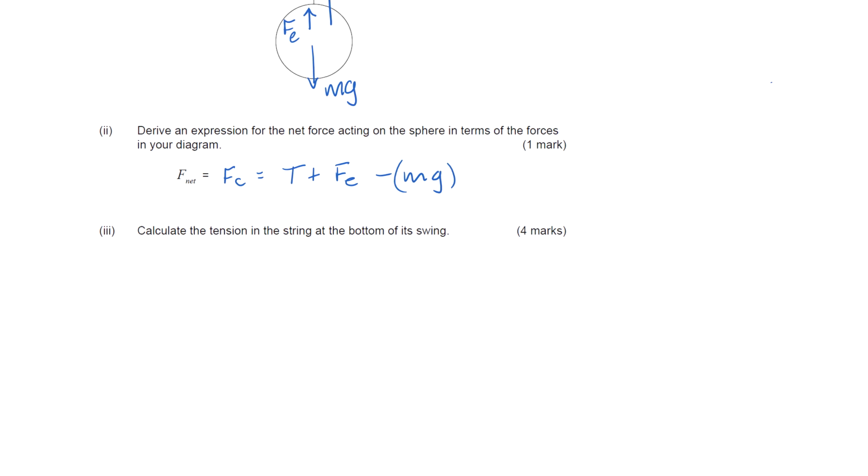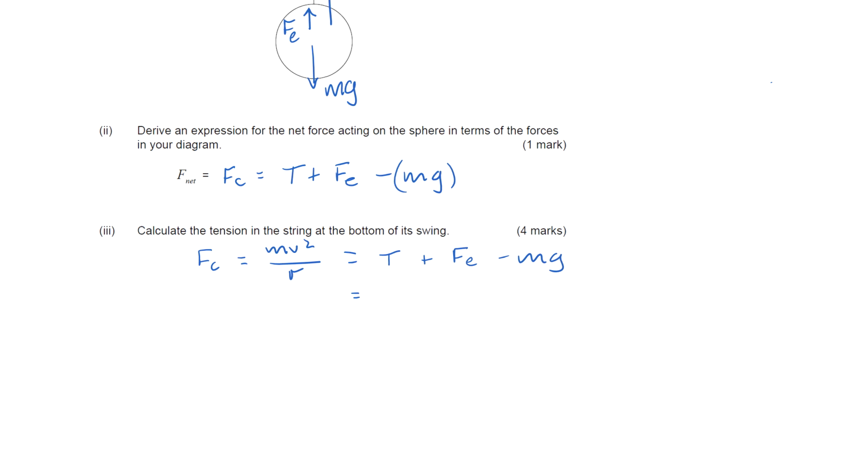It then says calculate the tension in the string at the bottom of the swing. So we know that the overall force has to be the centripetal force, which will be mv squared on r, and that is equal to the tension plus the electric force, take away mg.